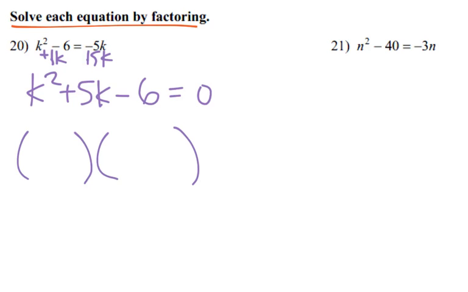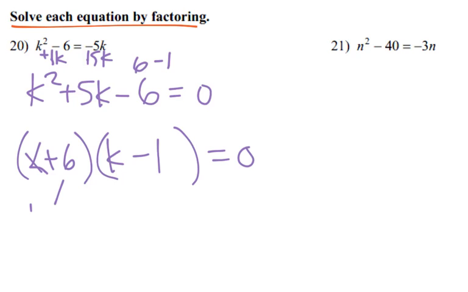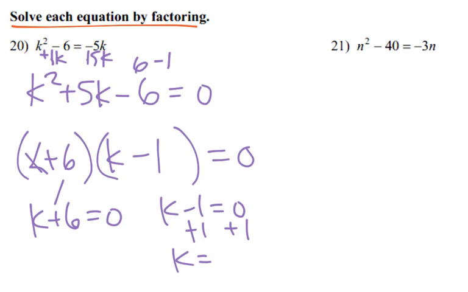Now negative 6 could be 6 and negative 1. Yeah. So k plus 6, k minus 1 equals 0. Set them separately equal to 0. A lot of similar stuff we've been doing. So k equals 1 and k equals negative 6. So there's our two answers.